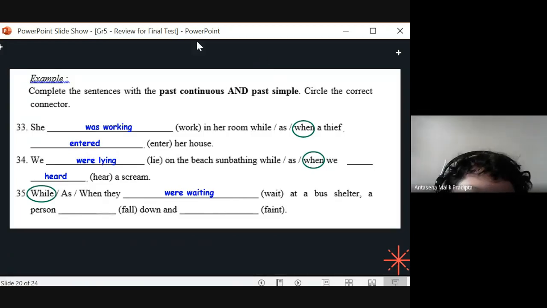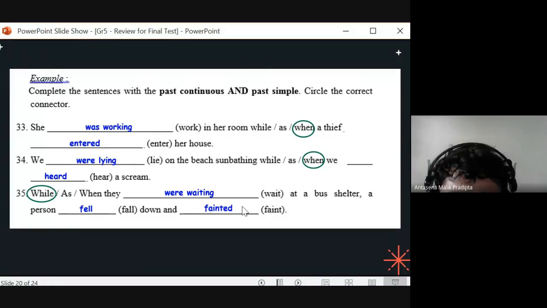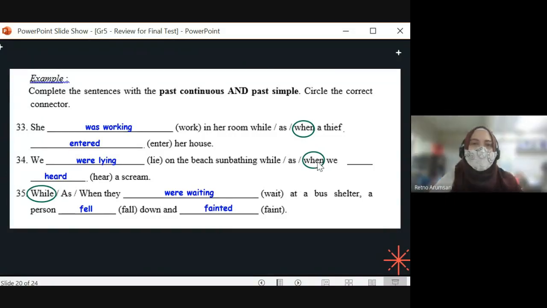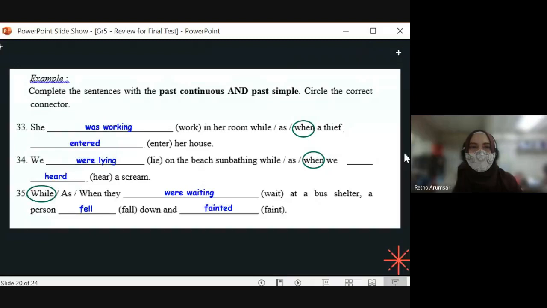I don't know. Only faint is like that. Oh, okay. Pass out. Okay. Mm, fainted. All right. So that's while, as, when. Past continuous and past simple. Right. Any questions? Always like that, yeah. No, for 5D.